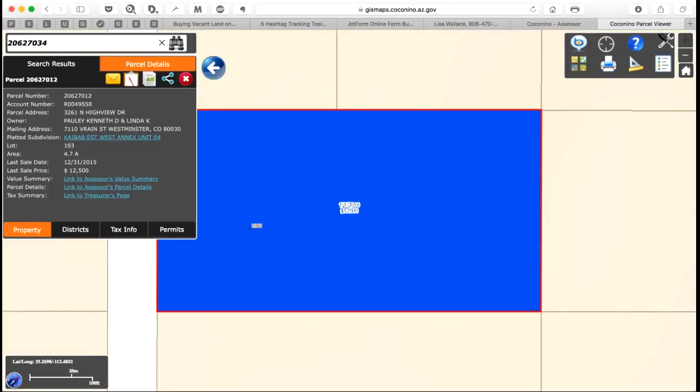Property sold for $12.5. And again, so it's going to be cheaper. So 12.5 divided by 4.7. And I multiply that times 3.7 acres for his property. Now I've got 98.40, so almost $3,000 difference.